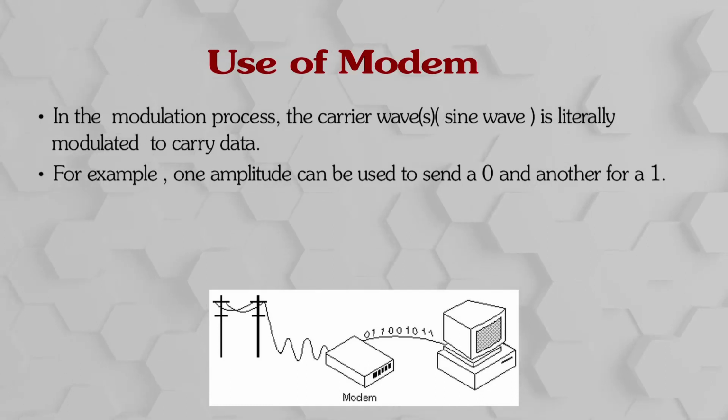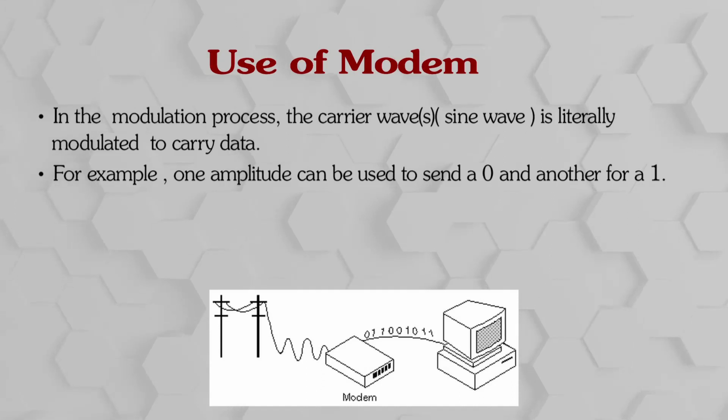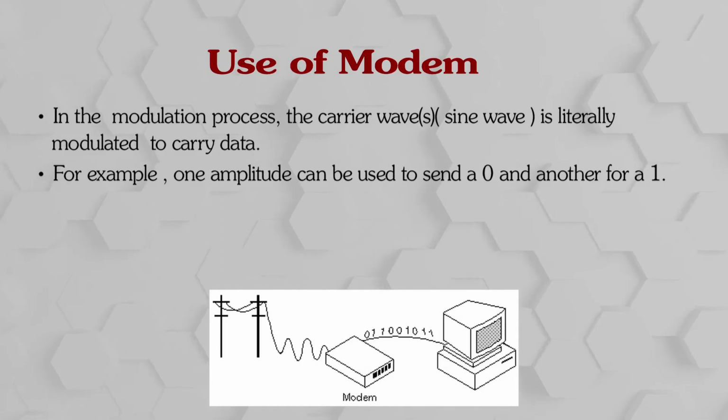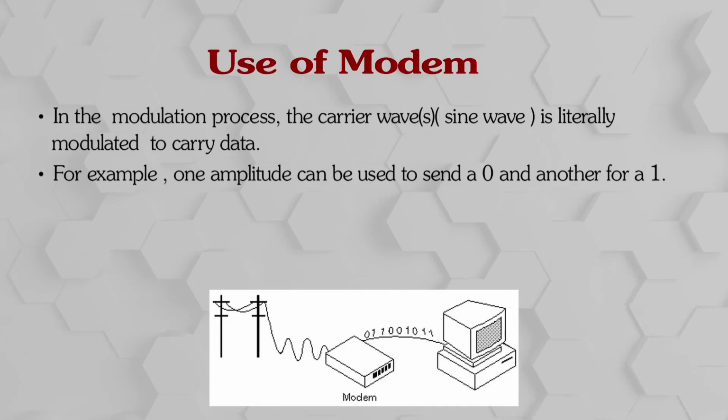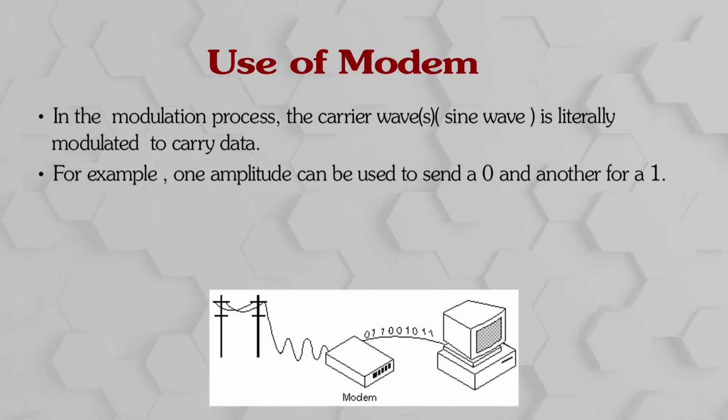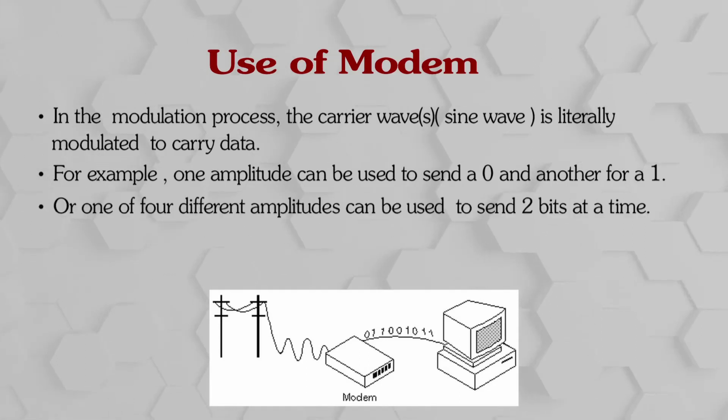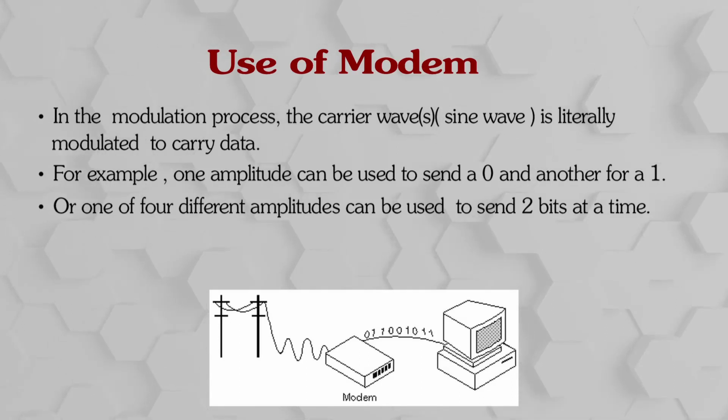You remember I've been emphasizing all the time that finally your data is in the form of some kind of signal. The signal has different characteristics: amplitude, frequency, phase. So one amplitude can be used to send a 0, another for a 1, or one of 4 different amplitudes can be used to send 2 bits at a time.